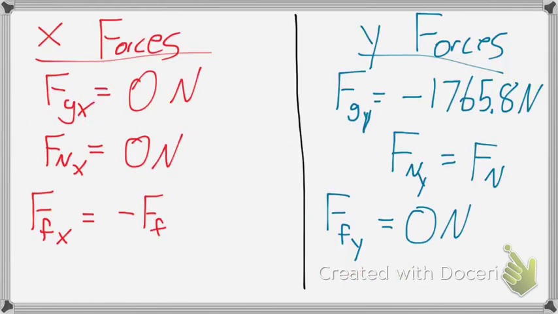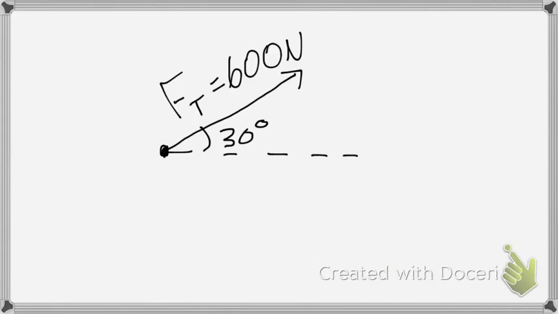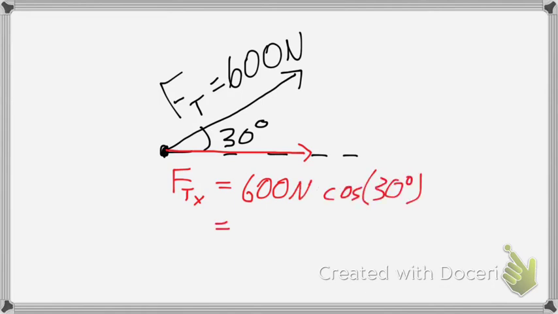Now this one I'm actually going to have to break into x and y components. Well, I know in the x direction, it's simply going to be the grand total, 600 newtons, times the cosine of 30 degrees. And that comes to about 519.6 newtons, just horizontally.